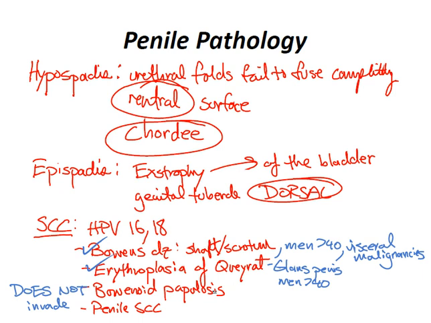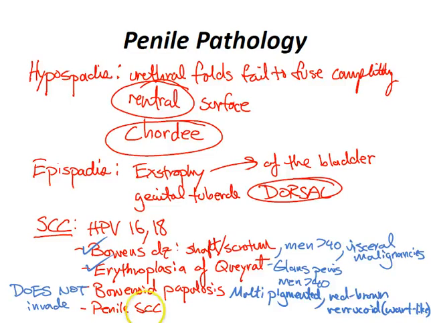It's a wart-like red-brown verruciform lesion, so it's multi-pigmented, resembling a condyloma acuminata on the external genitalia, and it usually affects younger men.